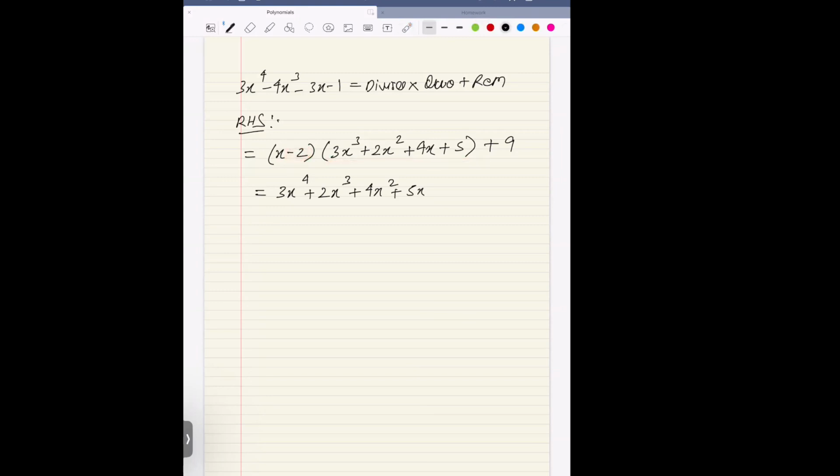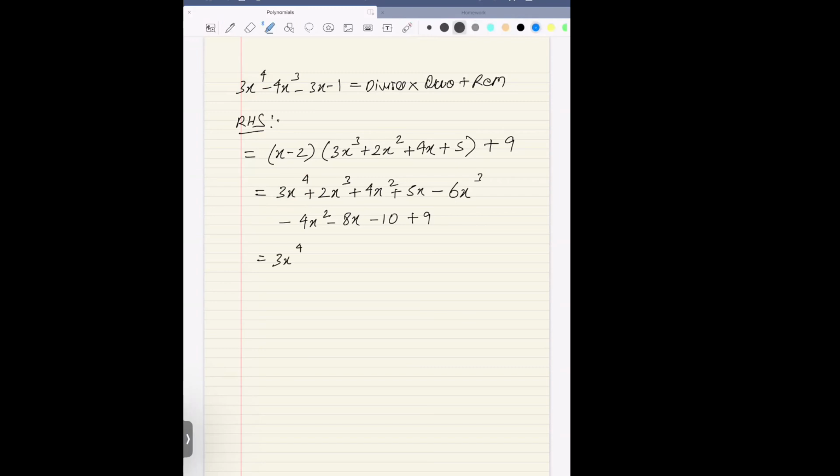So minus 2 into 3x cube will become minus 6x cube, minus 4x square, minus 8x, minus 10, plus 9. Right? Now, how do you simplify? You take the like terms and you add and subtract. Do we have any x to the power 4 term? No, it's already matching. So 3x to the power 4 remains here.